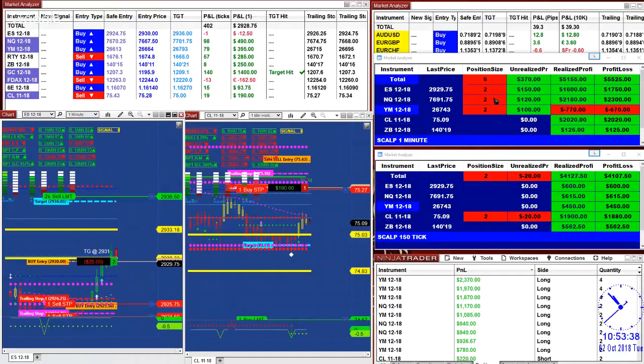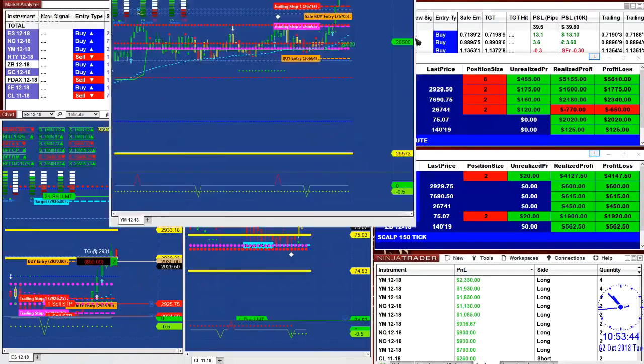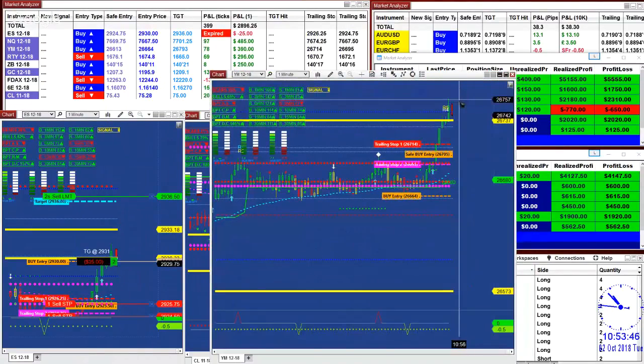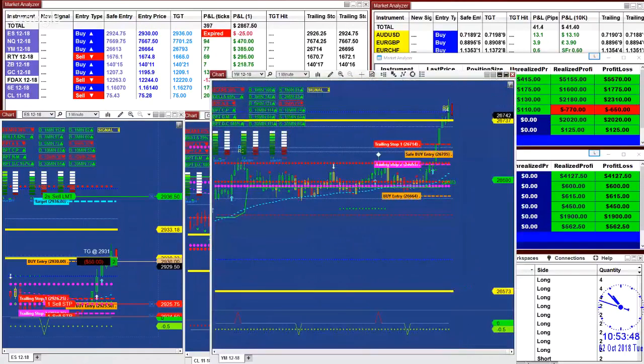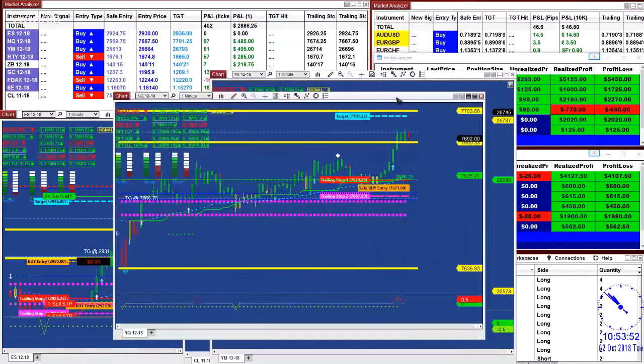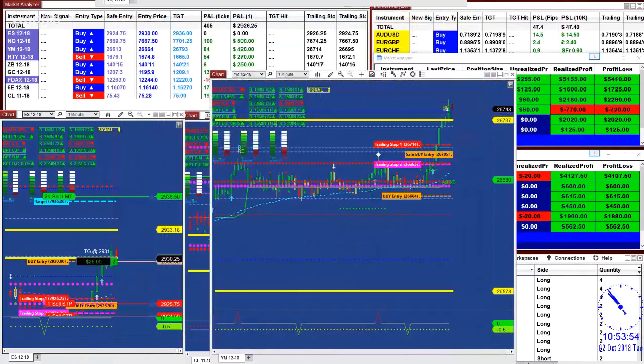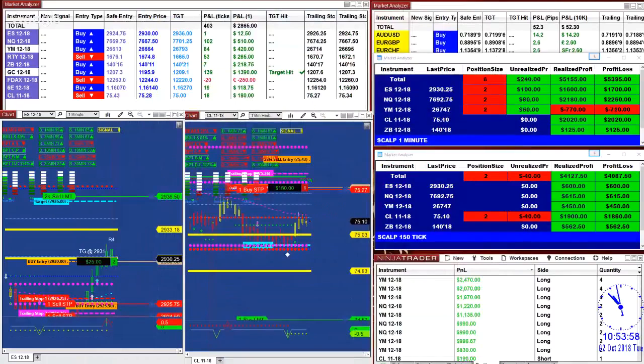Then the Nasdaq is short, and the YM is short. He nailed it from the top, but the trend is up. Amazing. We'll see.